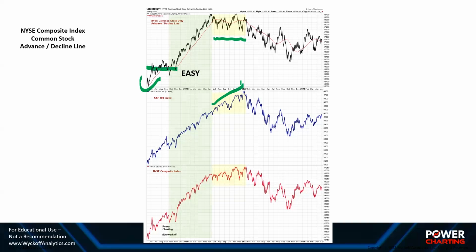That is a measure of diminishing participation, reduced numbers of stocks participating in the uptrend. Thus, the probabilities of success in your trades are decreasing because of the breadth deteriorating.